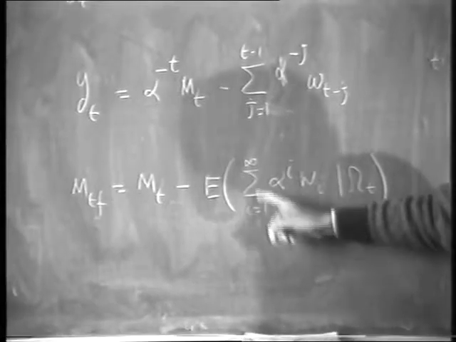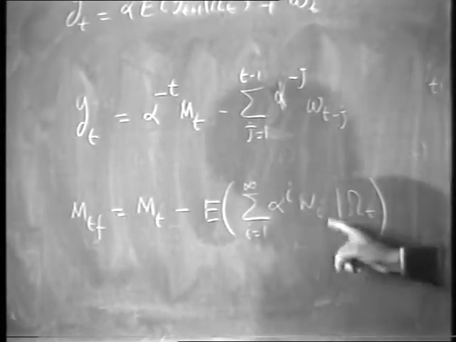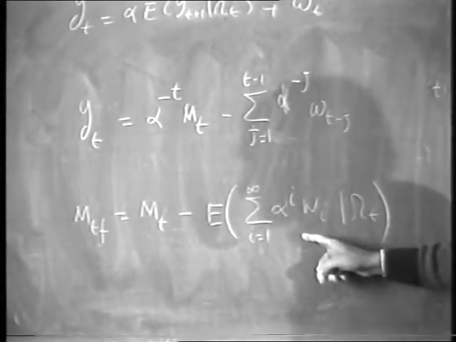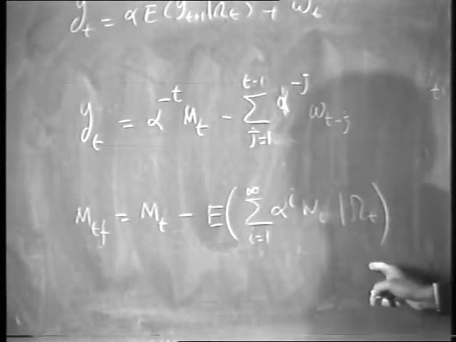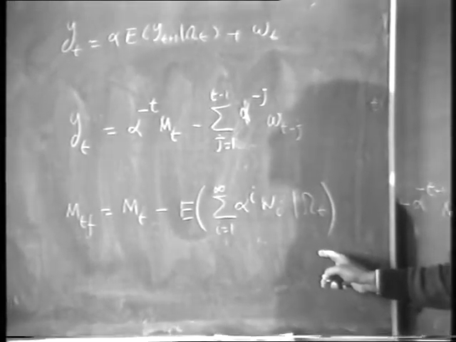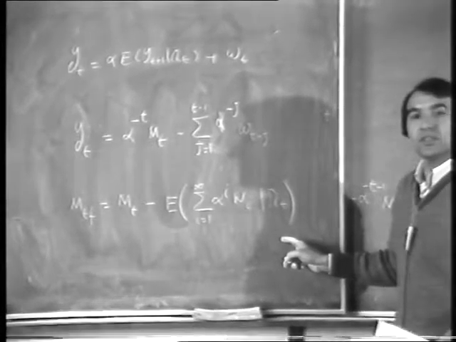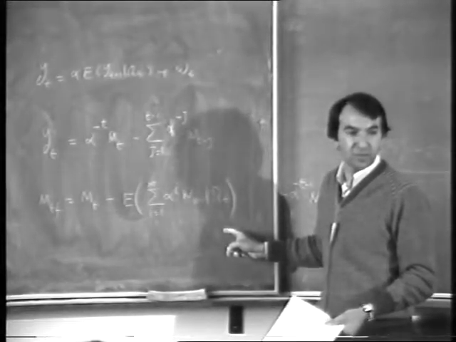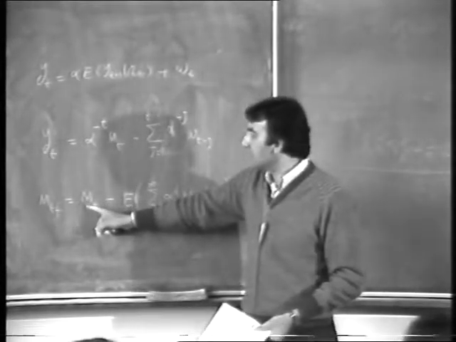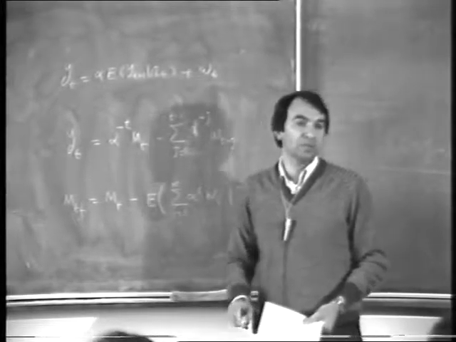Remember, this is i from 1 to infinity, so it doesn't depend on time. Because it does not depend on time, this part is always a martingale. If anything doesn't depend on time, its conditional expectation is always the same as itself, no matter what time. Since M_t is a martingale, M_t^F would also be a martingale.